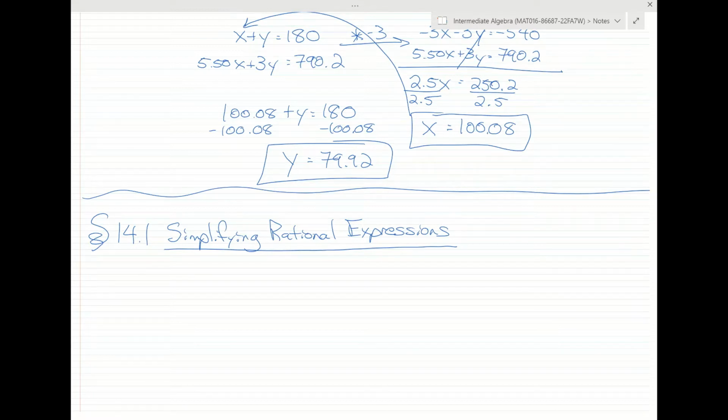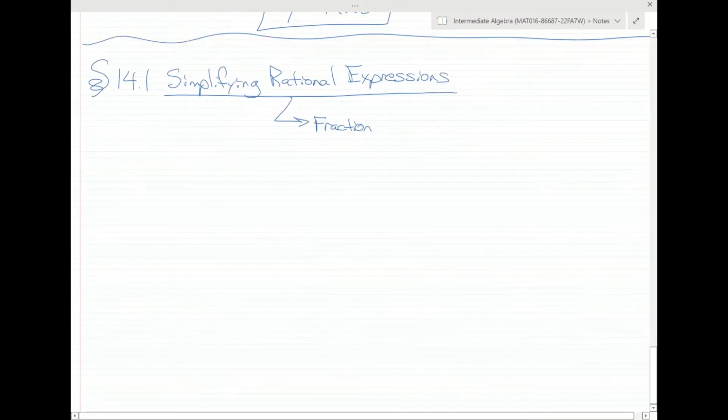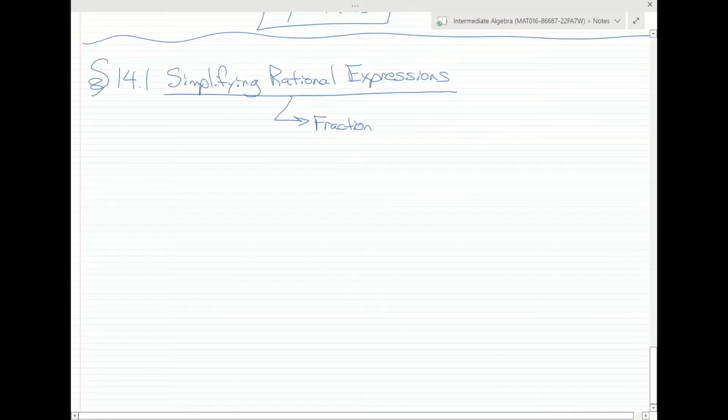What a rational expression means, rational just means fraction. So what we're going to be doing is working with expressions where there's x's on top and on the bottom, in the numerator and the denominator. So let's get started with these.